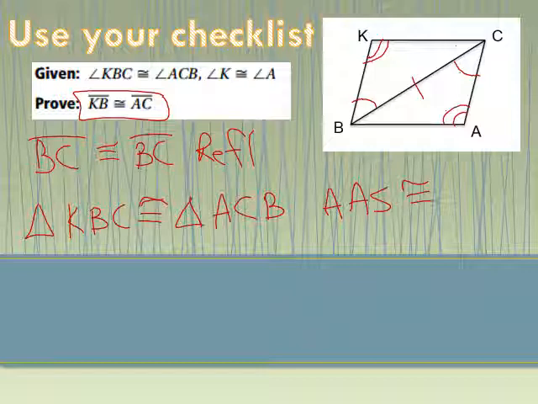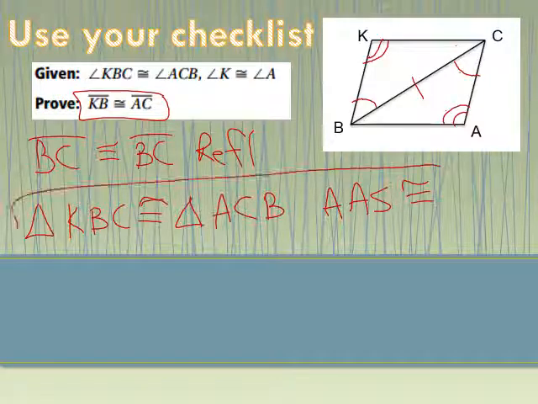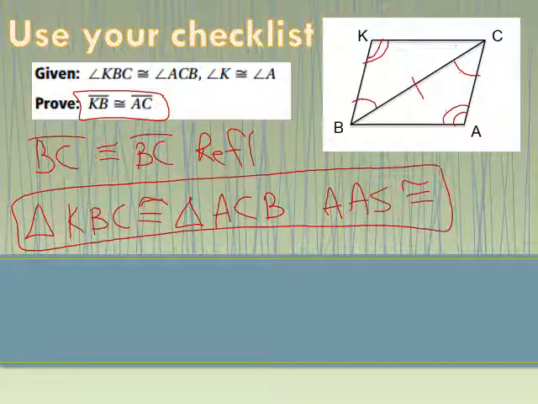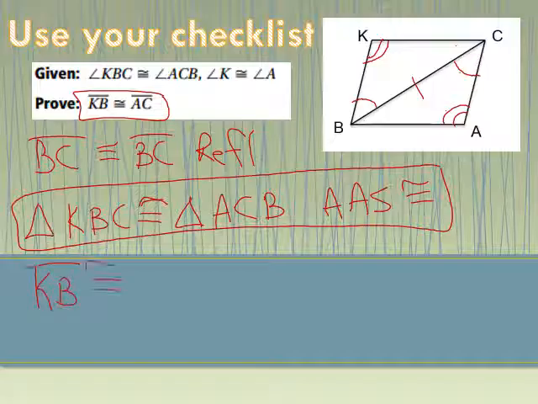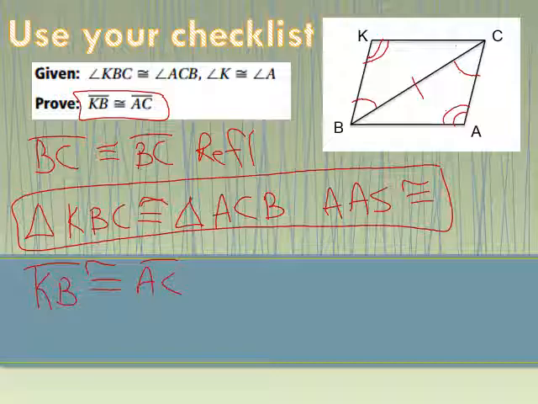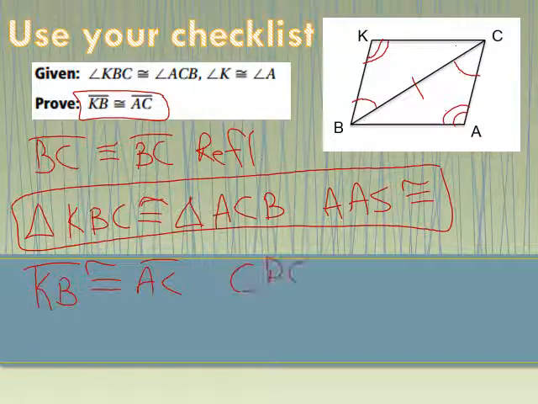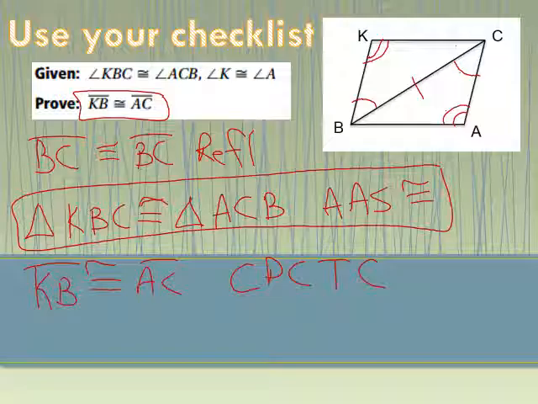Again, making sure your pattern matches. So hey, I proved them congruent. That means anything that's not marked could be marked if we wanted to. So you can say that KB is congruent to AC, because of CPCTC.